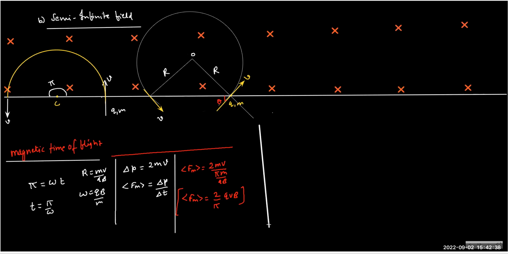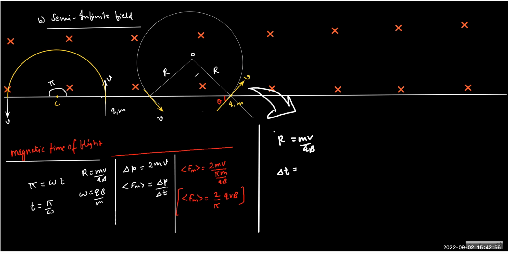Do it on this side, and you can tell me the answer. So R will be the same, mv by qB, right?